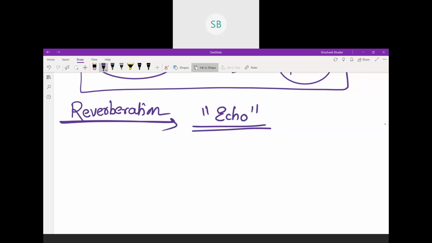One should understand the basic difference between reverberation and echo, and only then will you be able to understand the definition of reverberation.